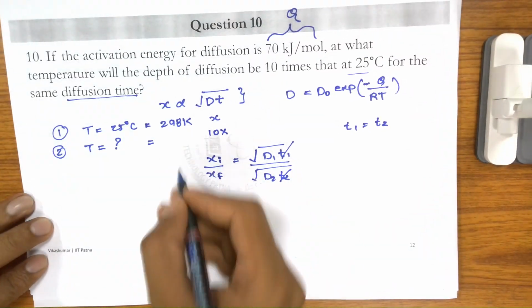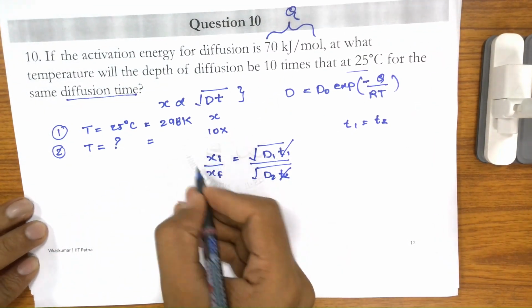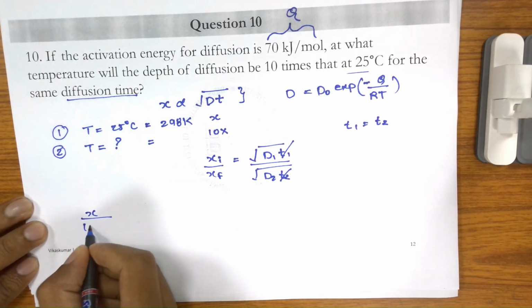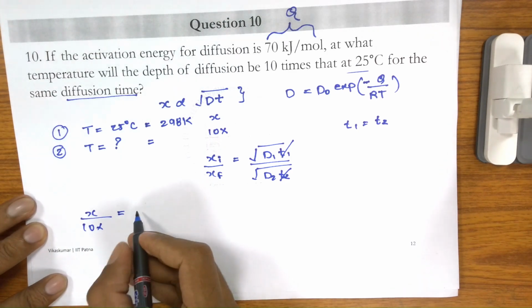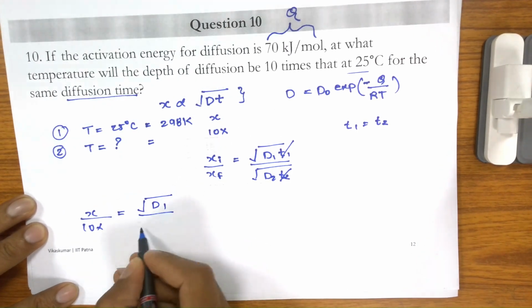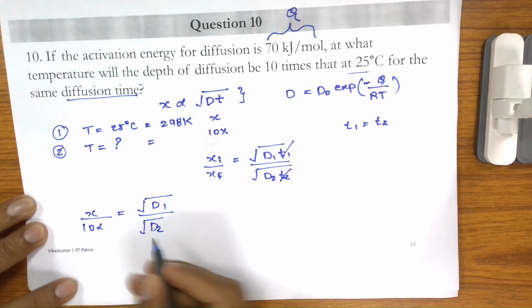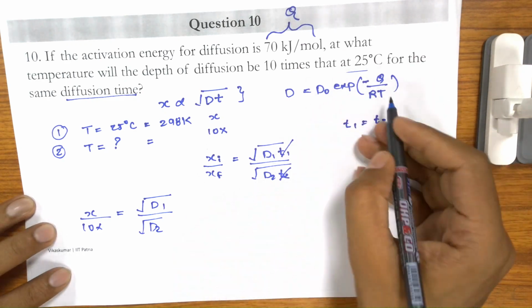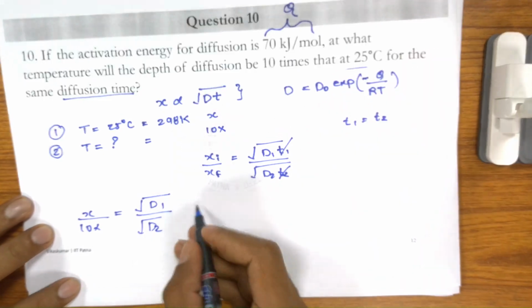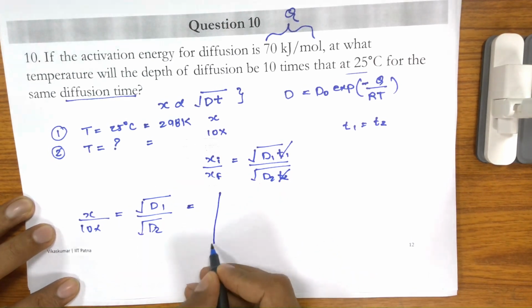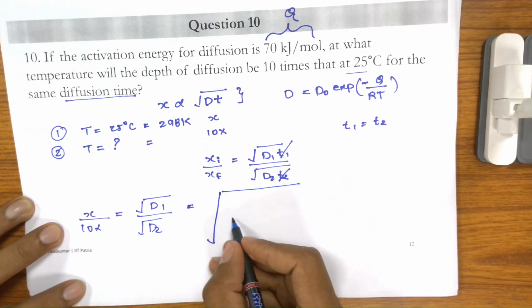Now let's substitute all the values. The initial is x, the final is 10x, which is equal to root over D1 divided by root over D2. D1 and D2 only depend upon the temperature and the activation energy. So let's write both of them in one big bracket.